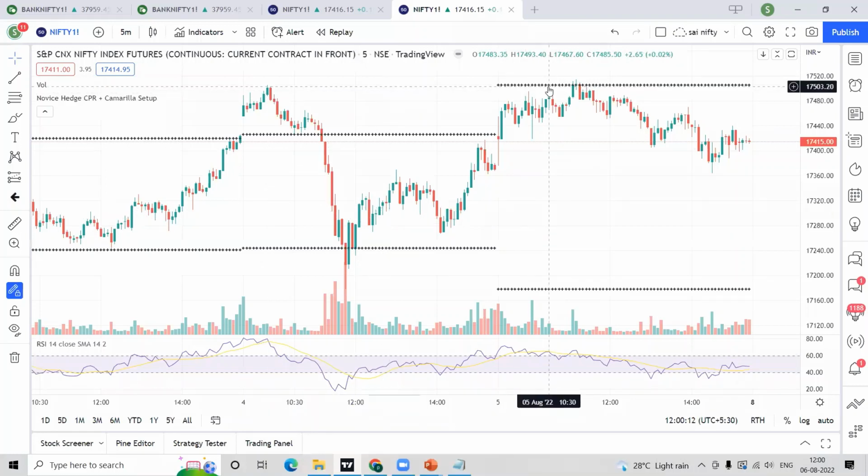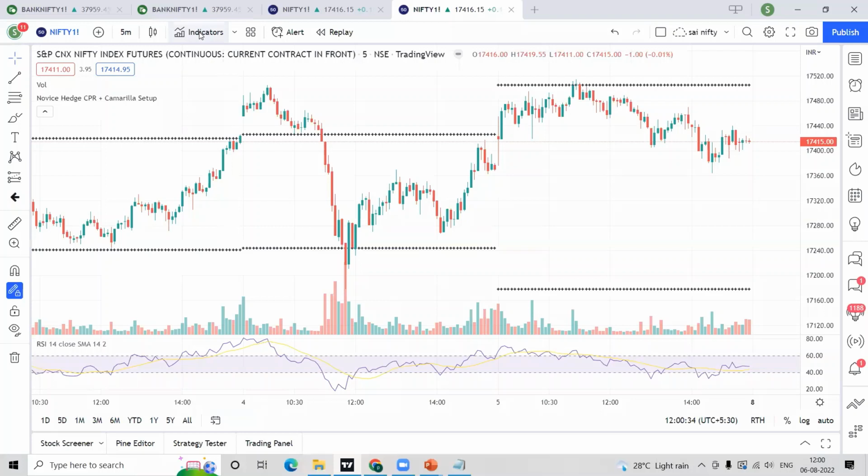So I marked the previous day high and previous day low. Whenever the price is above the previous day high, I consider bulls are in control. Whenever the 5 minutes close price is below the previous day low, I consider sellers are in control.